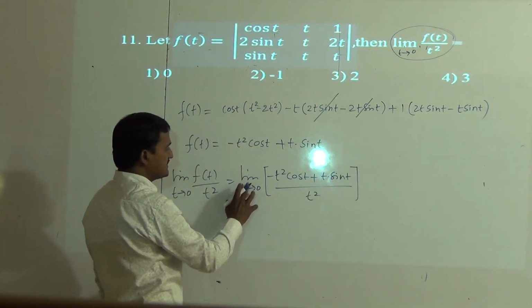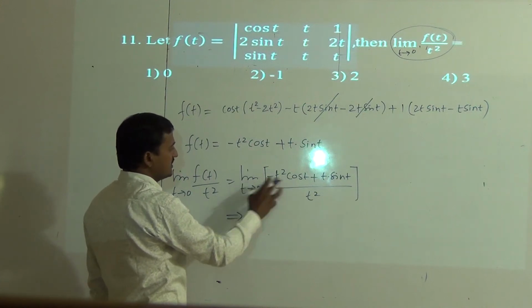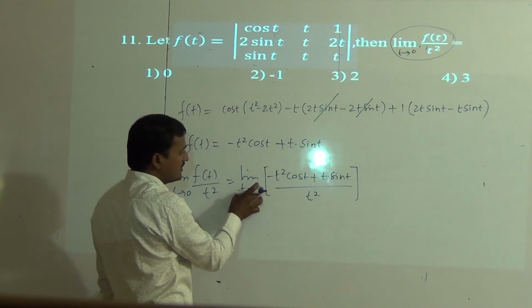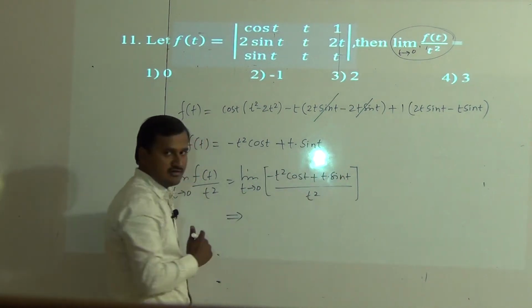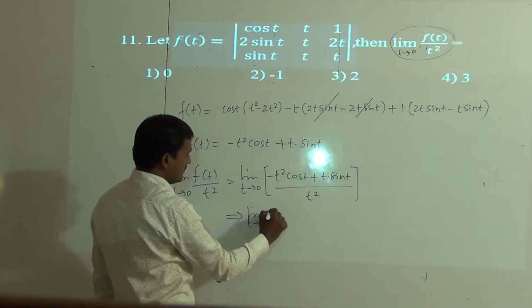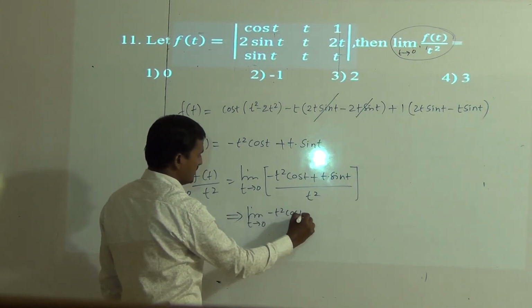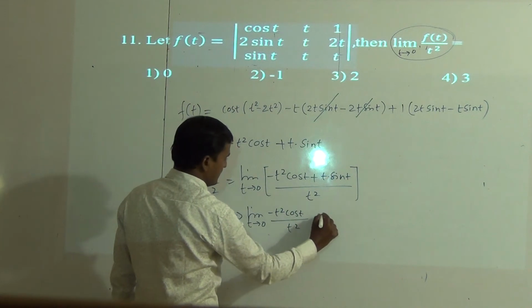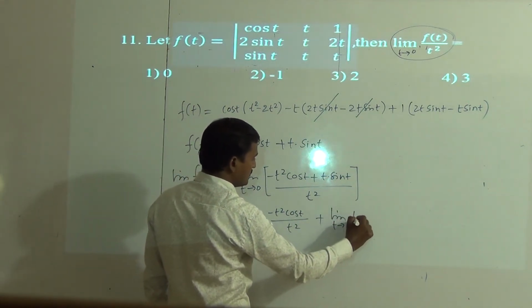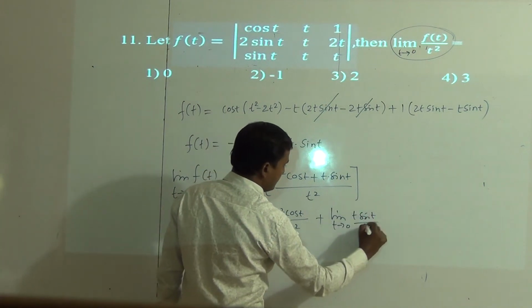Now it is in the form of limit of f of x plus g of x, means this limit is applied for f of x also, g of x also. So therefore limit t tends to 0 of minus t square cos t divided by t square, plus limit t tends to 0 of t sin t divided by t square.